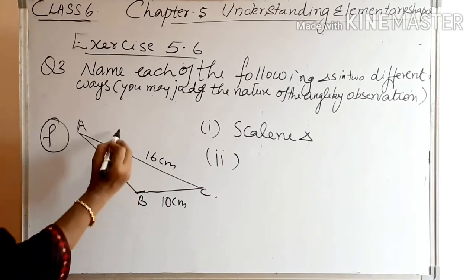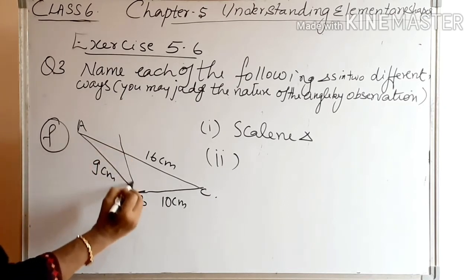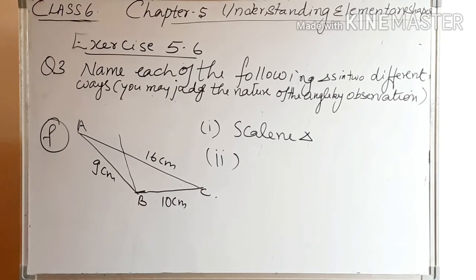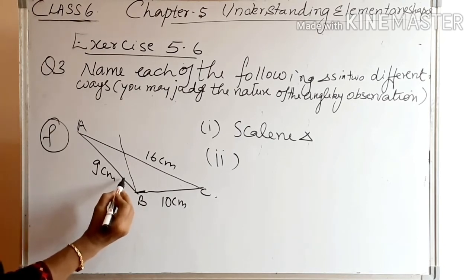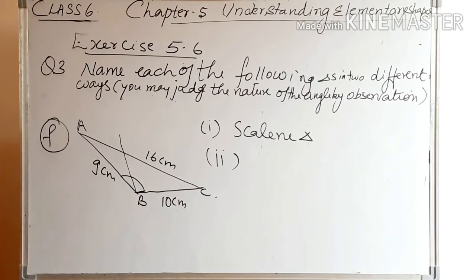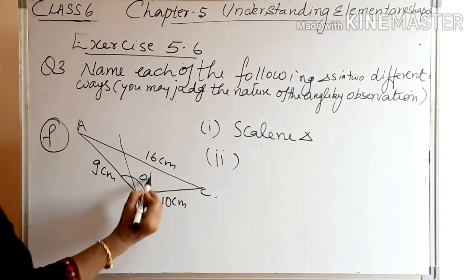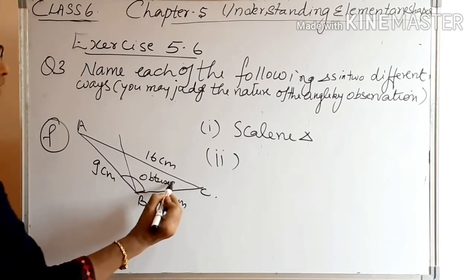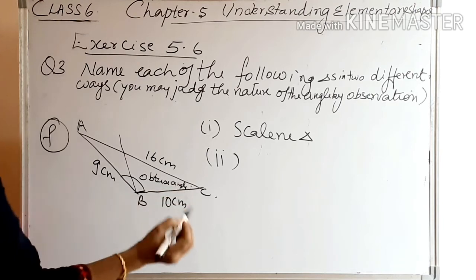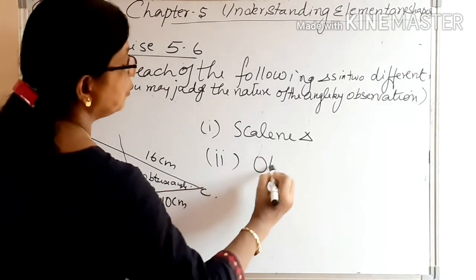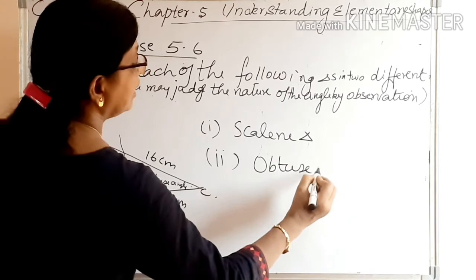From B I am drawing the perpendicular. Then it is clear that this angle is greater than 90. That means this is an obtuse angle. Therefore, it is an obtuse angled triangle.